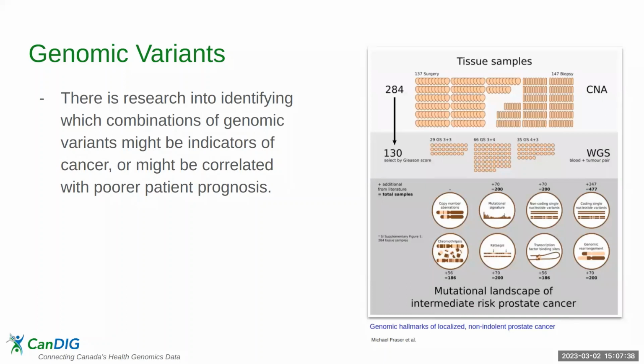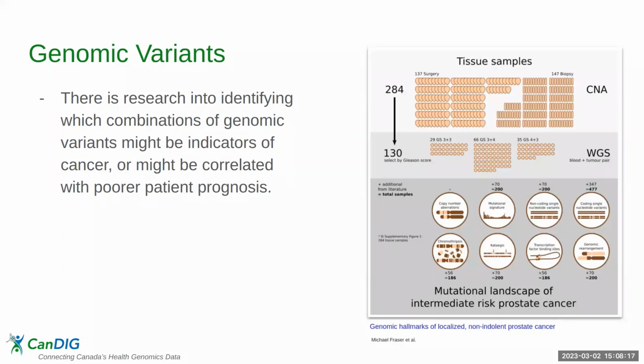The research that I've helped with in the past is focused on the determination of things called genomic signatures, which are combinations of these sorts of genetic variants that can alter patient prognosis. So let's say you come in with prostate cancer. Can we identify a certain number of variants or a certain pattern of variants that are associated with poorer patient prognosis, that is, poorer outcomes when doing surgical resection, that is, removing the tumor?